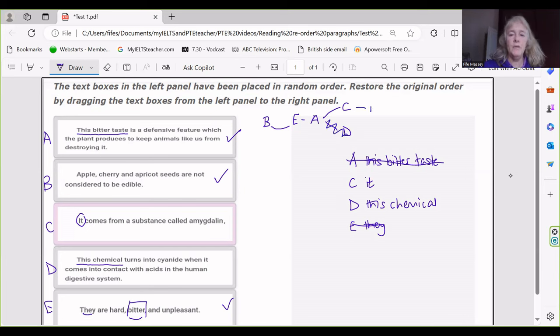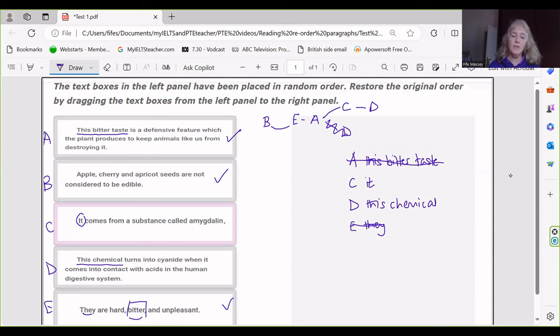Can I continue with D? This chemical, amygdalin, turns into cyanide when it comes into contact with acids in the human digestive system. So I've now found my order, BEACD, ready to drag my sentences across the screen into the answer panel.